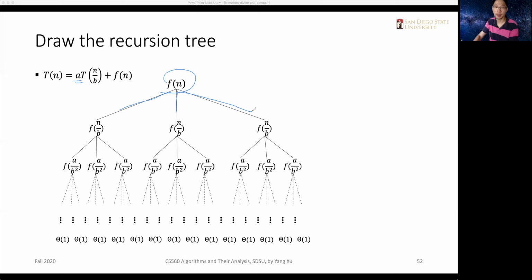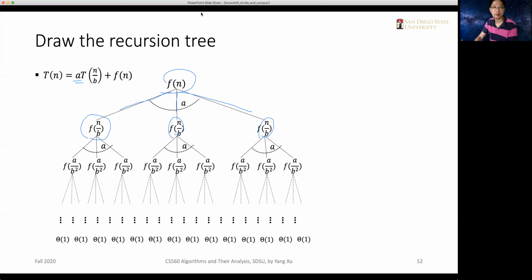There are a branches each time we split the problem into subproblems. In the second level, the size of the subproblem is n over b, because that's the result when we substitute n over b into the original recurrence. And each split has a branches.